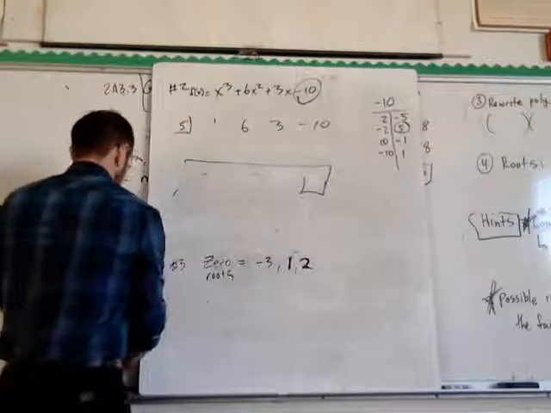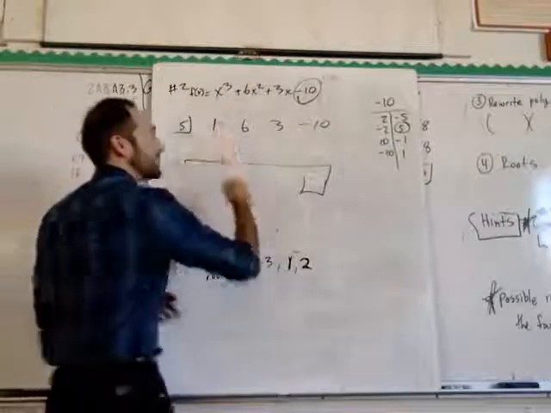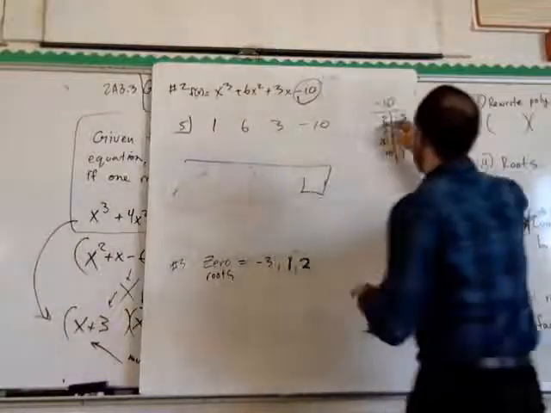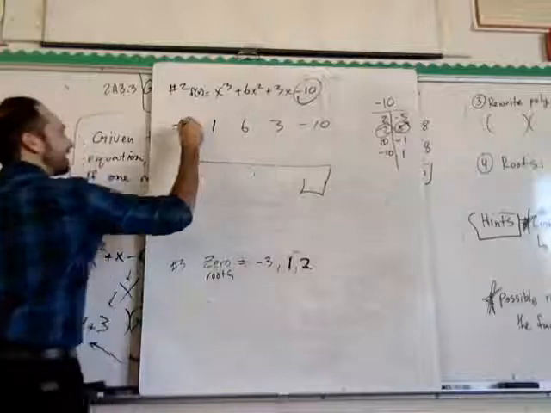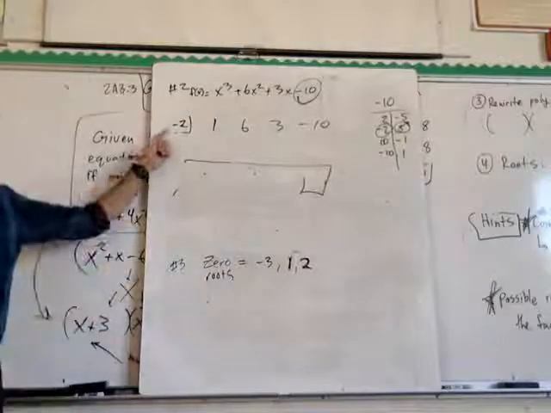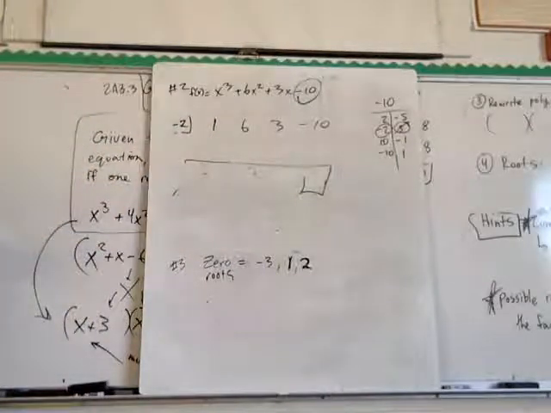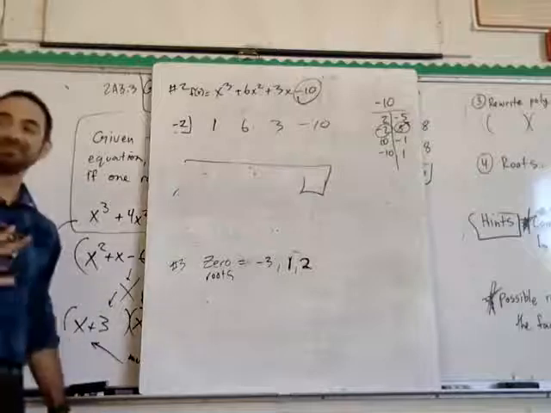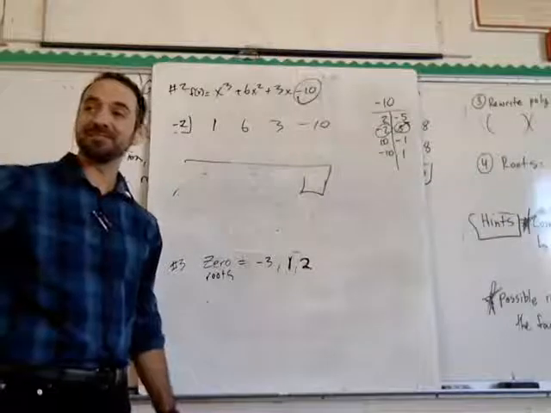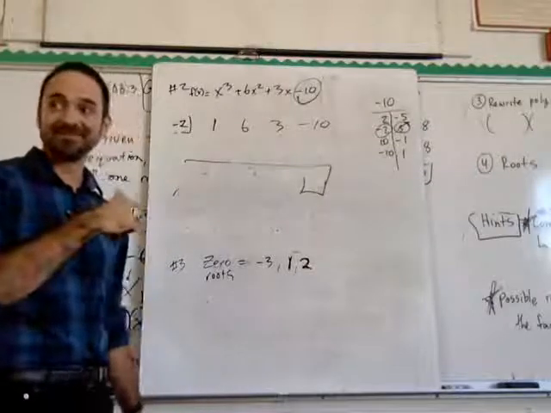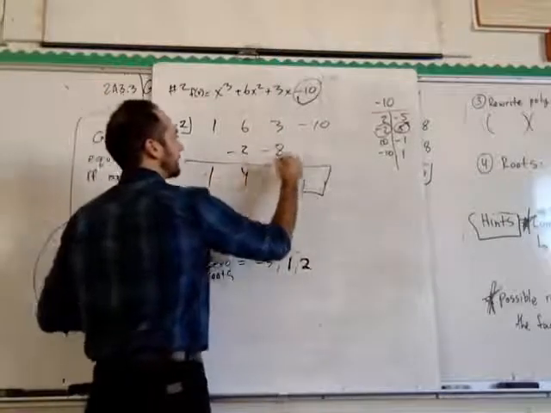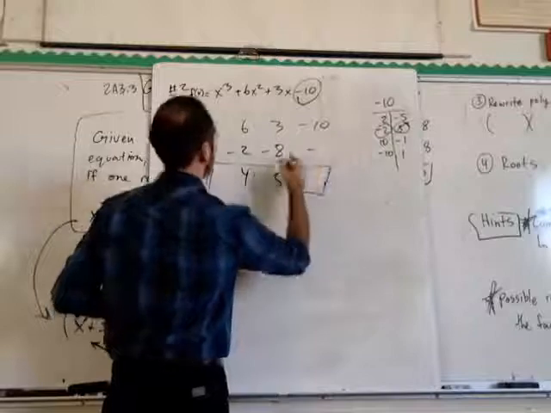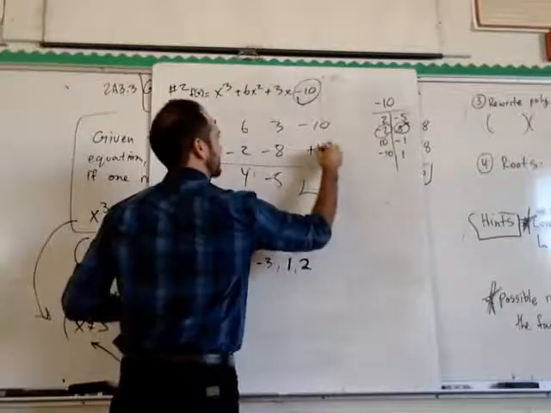-2. How did you know that? What do you mean? How did I know this? Oh, I thought you saw it here. It was erased, but you can still see it. You're lucky. That's what you're saying. We'll see. Yeah. 1, -2, 4, -8, 5, -5, +10.